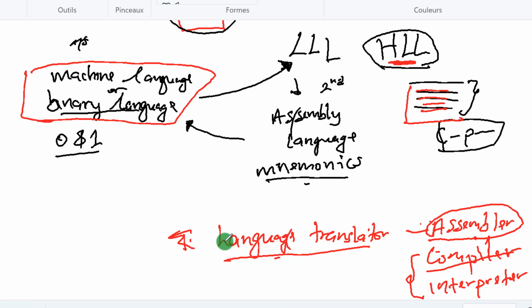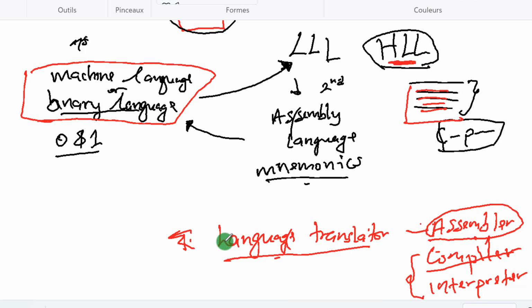Are we there? Good. Whereas an interpreter is going to translate your code line by line, meaning that as it takes the first line, it translates it directly into machine language, the computer executes it directly, and it moves to the next instruction, and this is how it proceeds. So an interpreter translates your code line by line, whereas a compiler translates the code all at once.